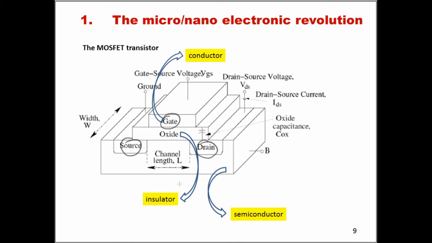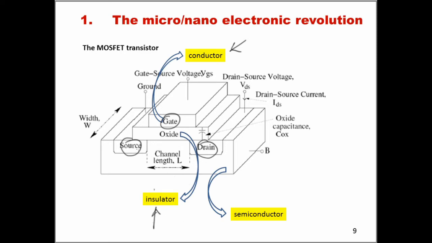But the reason I'm showing you this slide is to see how a transistor is actually made, what it is made of, and actually the materials it is made of. So for the three terminals, we have metals, so we have conductors, and then we can see that below the gate we have an oxide that is effectively an insulator.